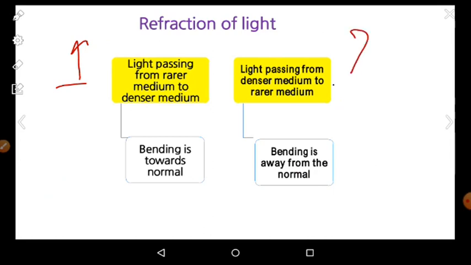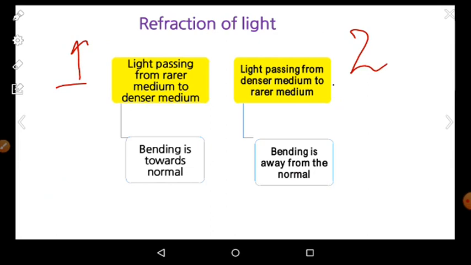And the second case is the light is propagating from denser medium to rarer medium, from the material having more density into the material having less density. For example, from water to air or glass to air. In both cases, we can observe the light is bent. It means the direction of path of the light is changed.